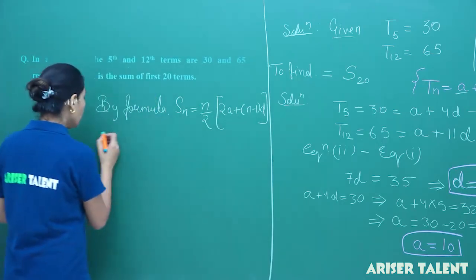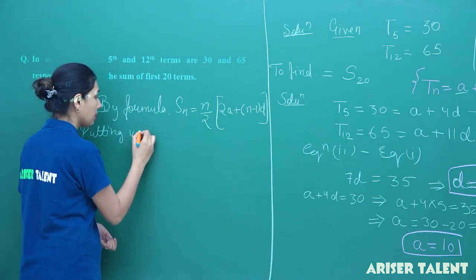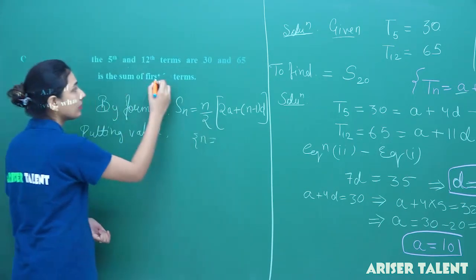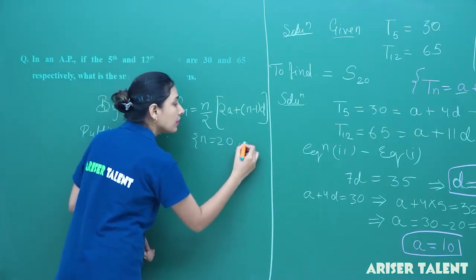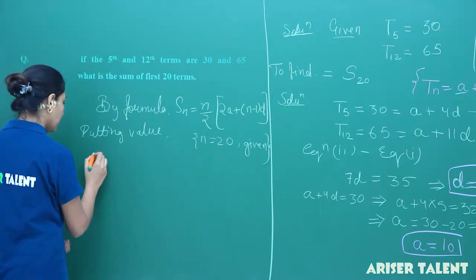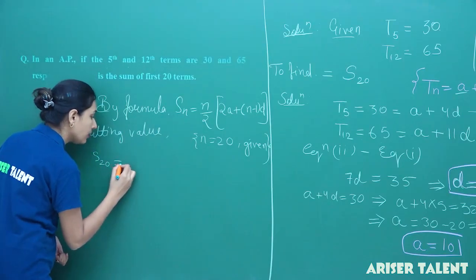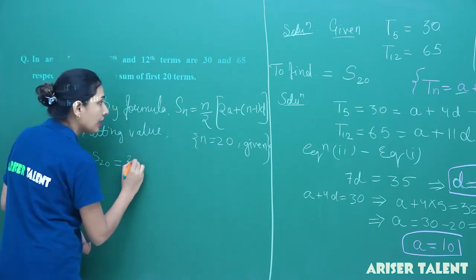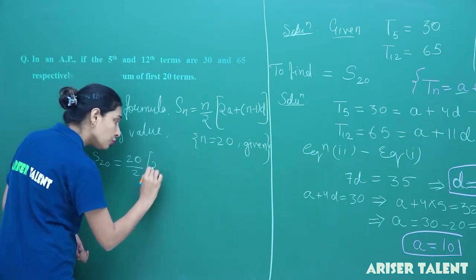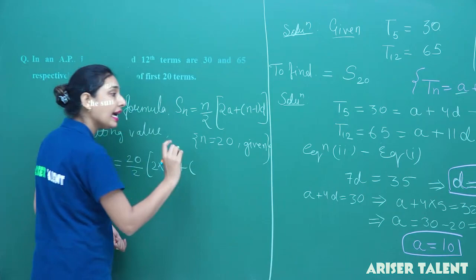Okay. So, putting values, n will be equal to what? 20 given. Okay. And the rest of the values we have found. So, n is 20, so 20 by 2. 2 multiplied by A is 10, plus n minus 1.